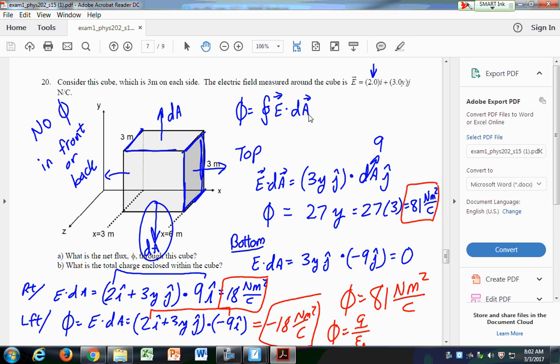It's given on your equation sheet, and so we would just take this and solve for Q, which is our flux times epsilon naught. It has a value of like 8.85 times 10 to the minus 12, but it's on your equation sheet. And Gauss's law is also on your equation sheet. We've done similar things to this. We did similar stuff on the last exam, but you're going to do it again on this exam.